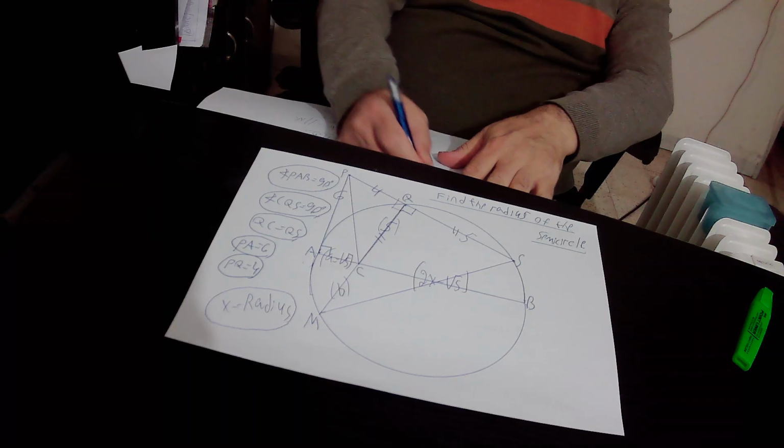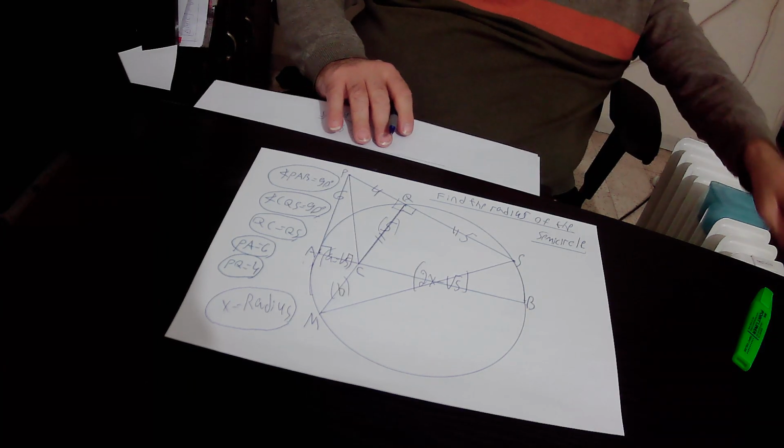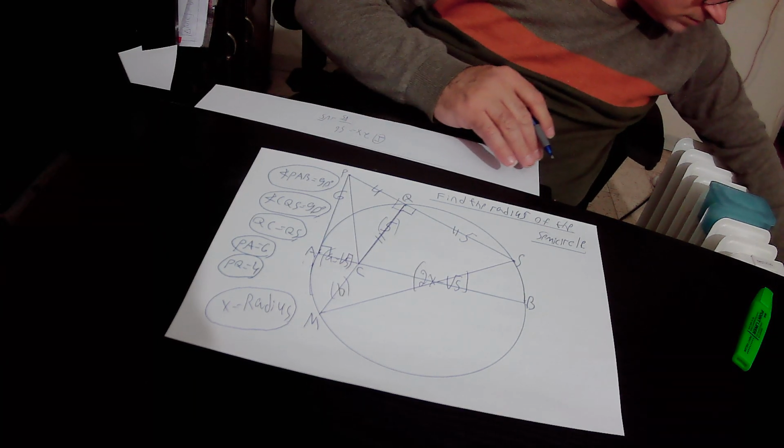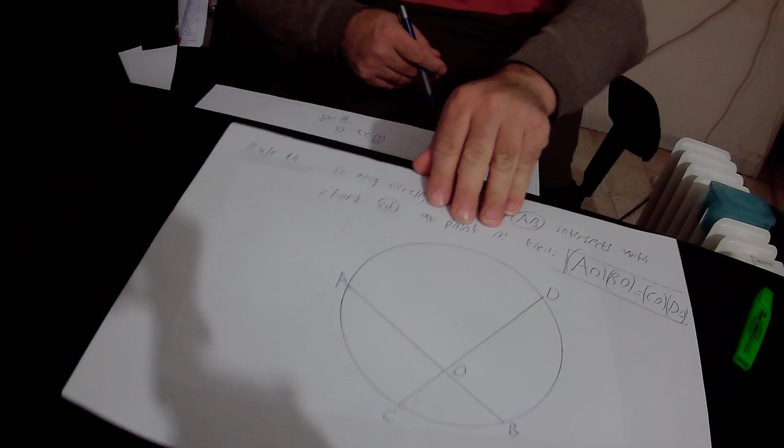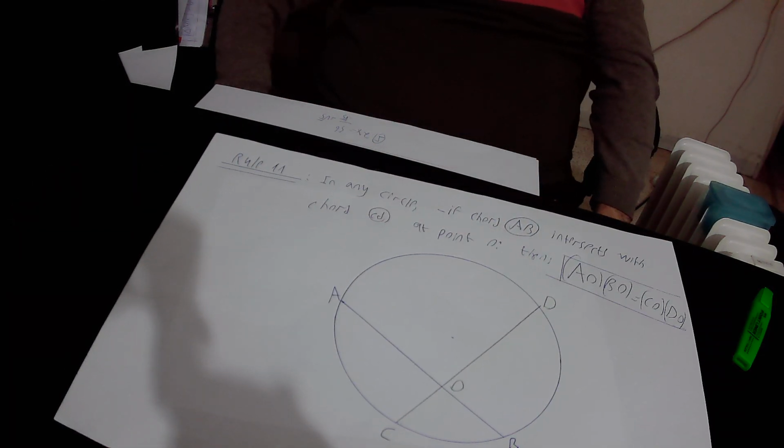According to rule number 11, in any circle, if chord AB intersects with chord CD at point O, then the following equation is true: AO times BO equals CO times DO.